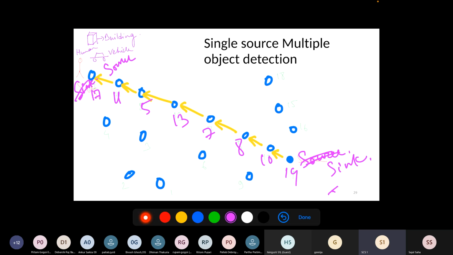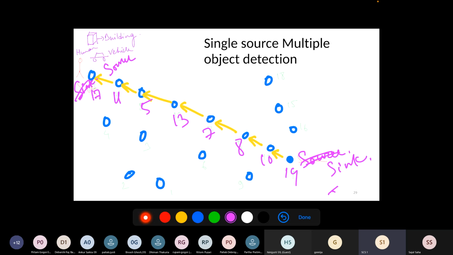And if the sensor node is so small that it does not have visualization or object identification capability, then it has to send all the data to the sink. Now the sink has to analyze this data and come out with a decision.